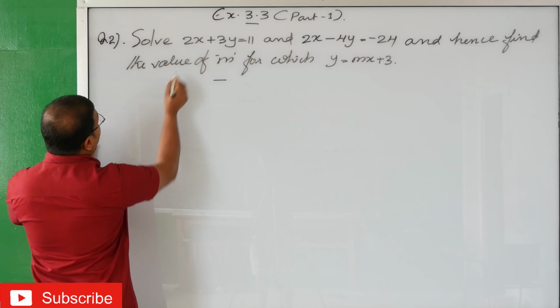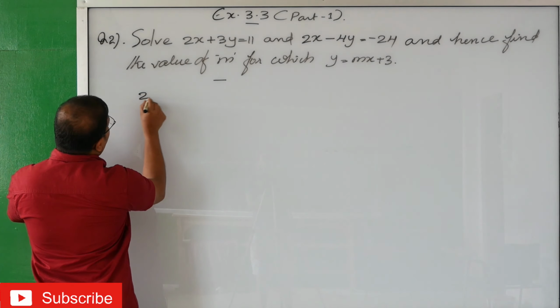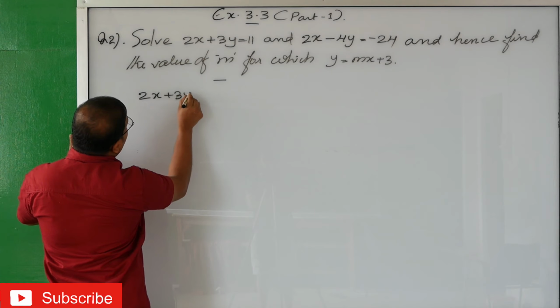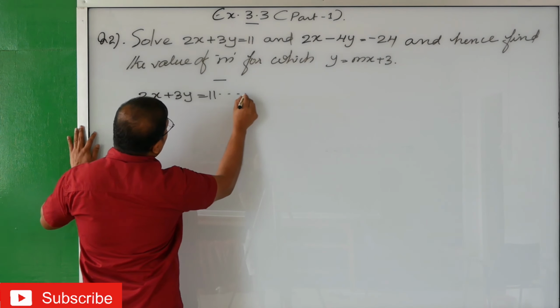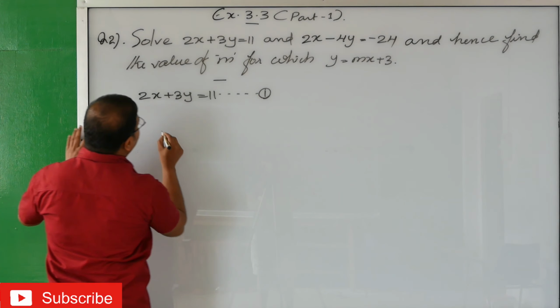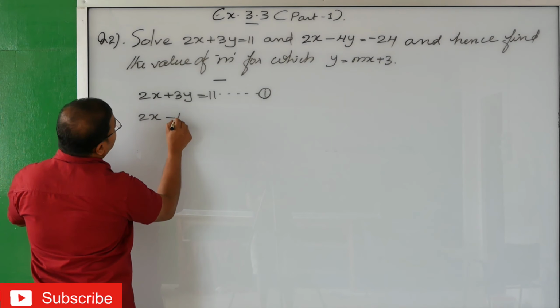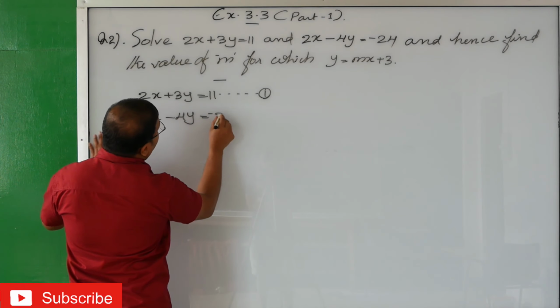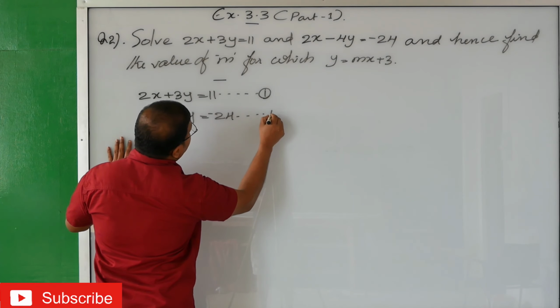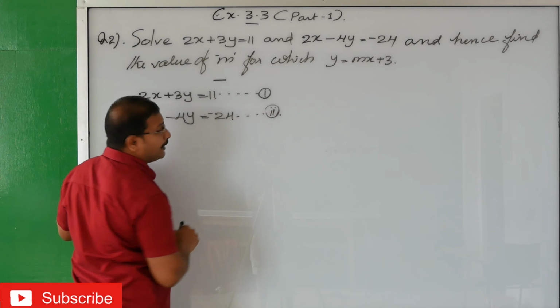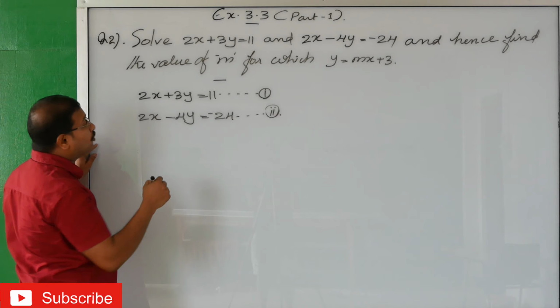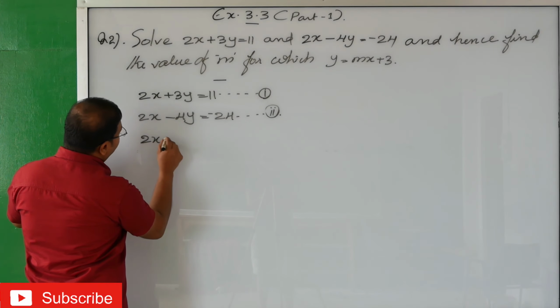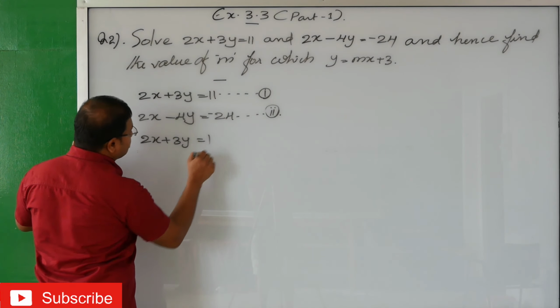So what you do? First you write the first equation, that is 2x plus 3y equals 11, that is equation number 1. After that, 2x minus 4y equals minus 24, that is equation number 2. Now what you'll do? First equation we'll write one more time, that is 2x plus 3y equals 11.